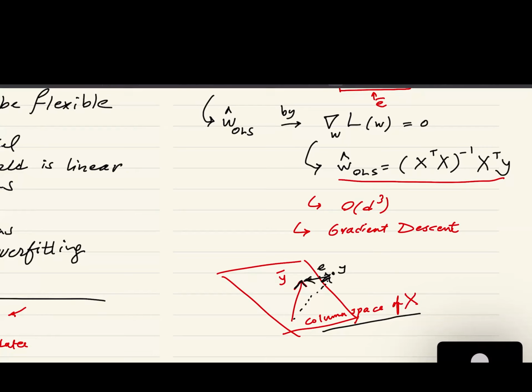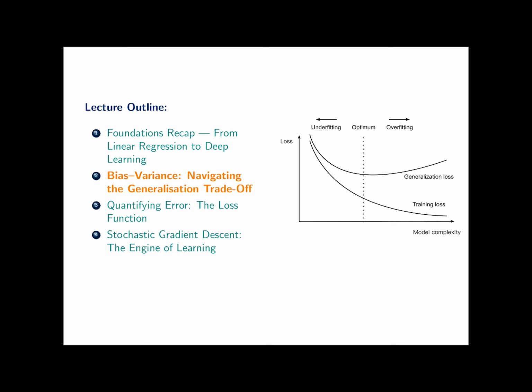That's the error that, as I said, is perpendicular to the column space of X, and we want to minimize this error by adjusting the slope and the bias, our model parameters.